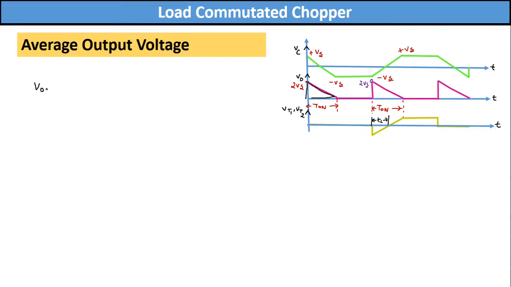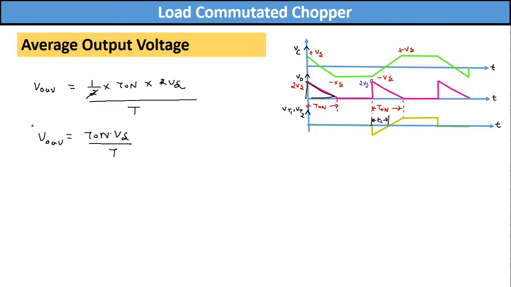So the average output voltage will be equal to the area of this triangle, that is half into base, which is T on, and height, which is 2 into Vs. And since we are finding the average output voltage, this value is divided by the total time period T. So here the 2 cancels out and we get T on into Vs divided by T, which is equal to the average output voltage. Now we know that 1 upon T is equal to frequency. So V naught average can be written as T on into Vs into F.